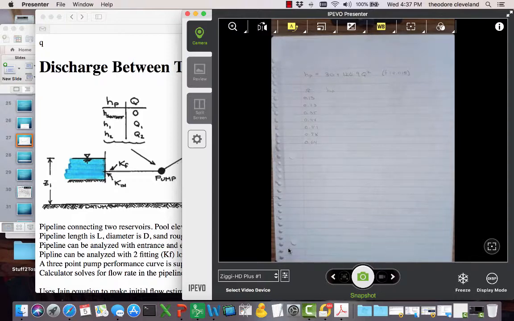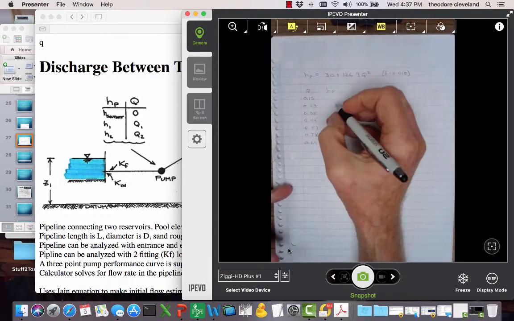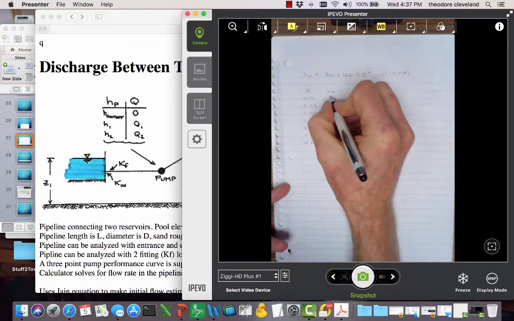Okay, so we take the Q and we square it. We multiply that by 126.9. We add to that 30, and so we get 32.14.